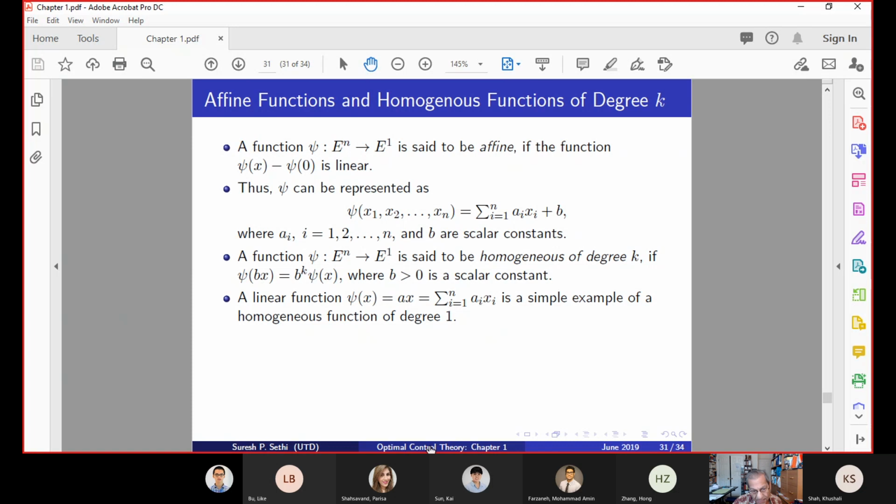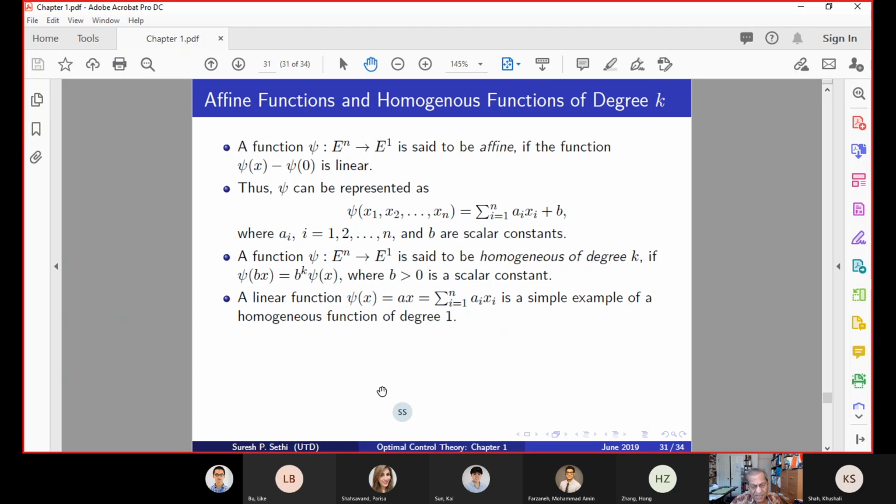So that's that. We also use a notation called homogeneous of degree k. That's used when you have a production function. If I have a production function psi of bx, and it's homogeneous of degree k, then if I take the b out, it is equal to b to the k times psi x. Most of the time we don't use that. We use only degree 1. Degree 1 means that this will be b times psi x.